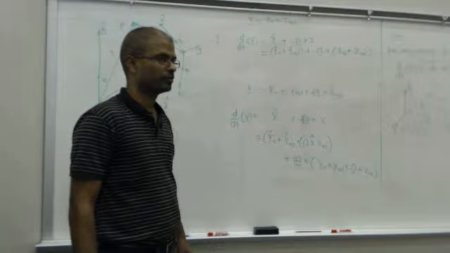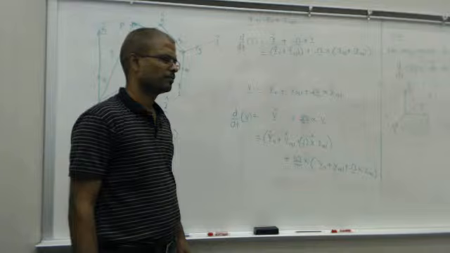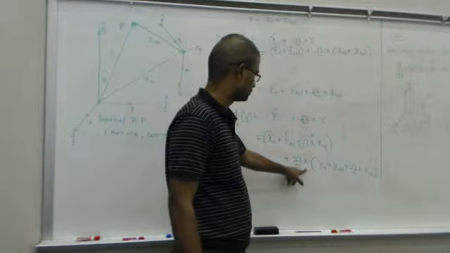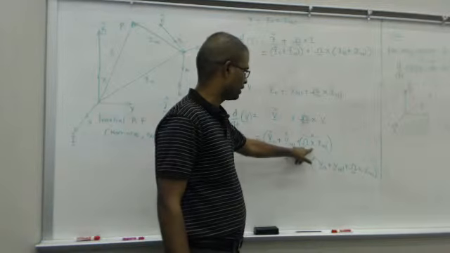The omega cross product of r relative, that dot over the omega or the r relative? Yeah, what is that dot supposed to be? Yeah, I'll get to that.